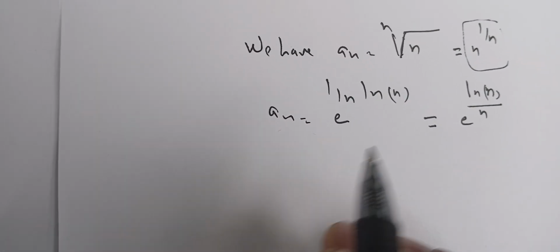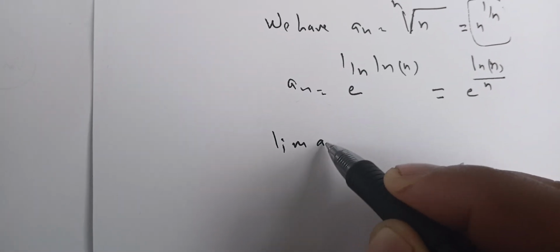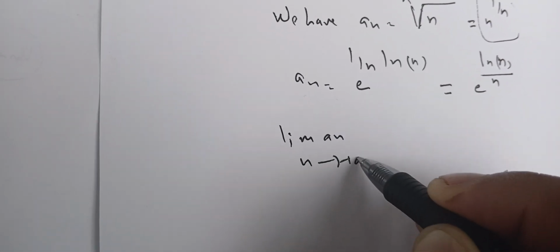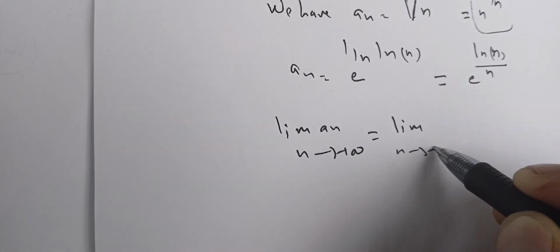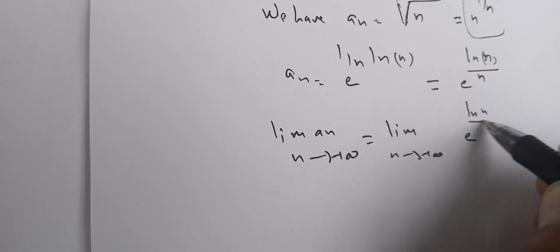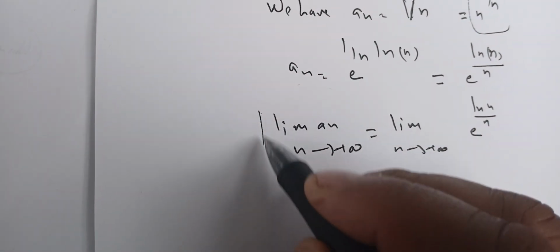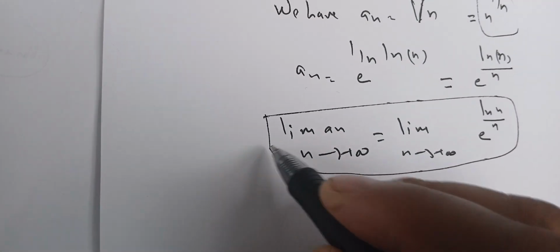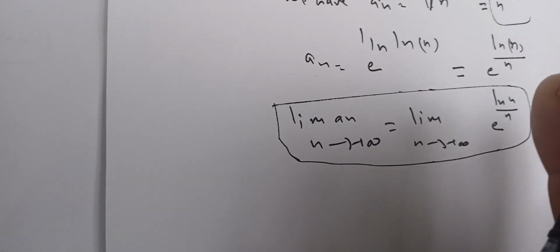So the issue now is that we have the limit of a_n as n goes to infinity. Here we have the limit as n goes to infinity of this one, the natural log of n over n. The key idea that we're going to use here is that sequences are particular cases of functions.